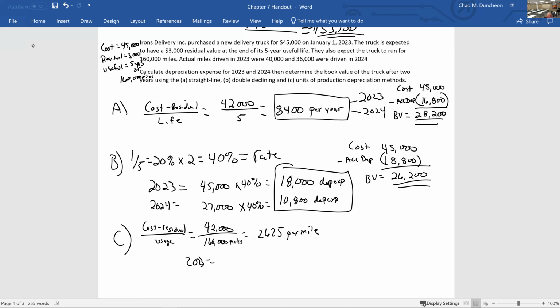So in 2023, we take our 0.2625, multiply it by its actual miles, which was 40,000. For 2024, we take the 0.2625 multiplied by the actual miles driven. This time it was 36,000.